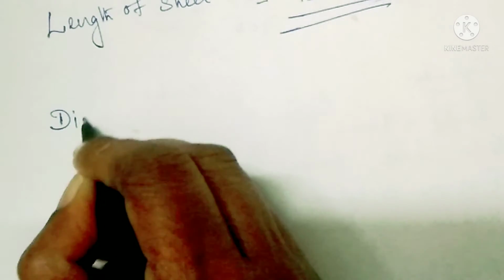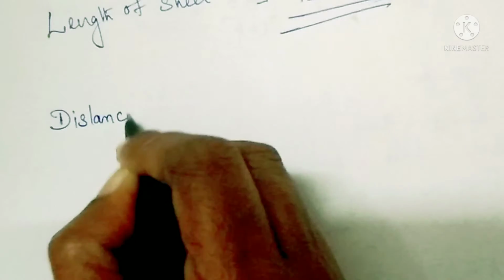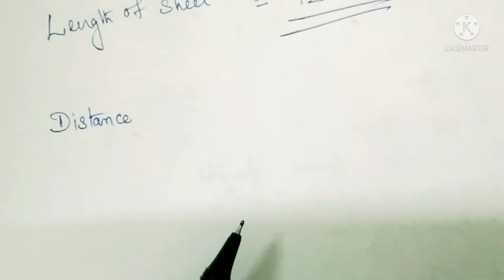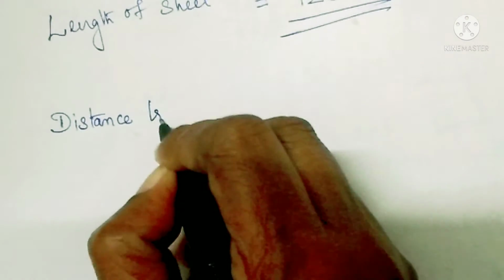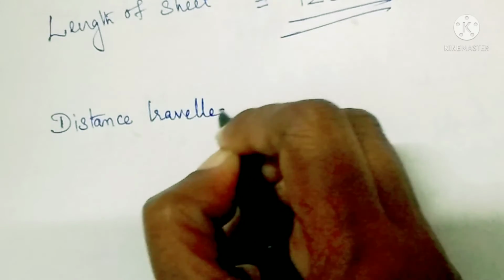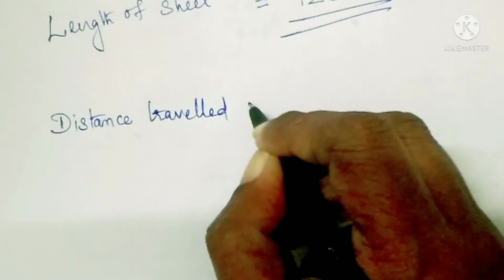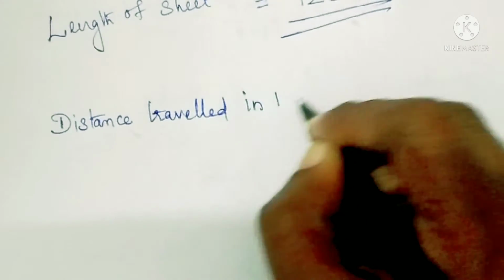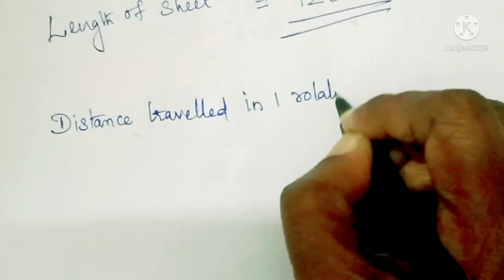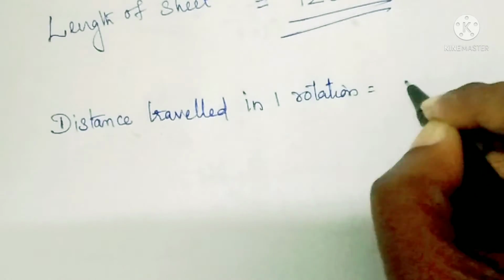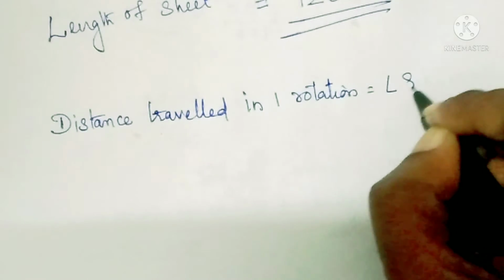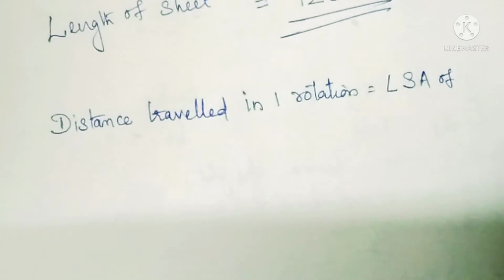And now road roller you all might have seen. What is the shape of it? It is cylindrical. Okay. So distance travelled or covered in one rotation is equal to LSA of cylinder.